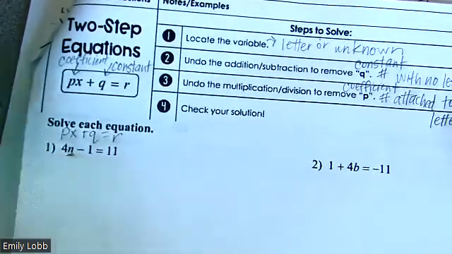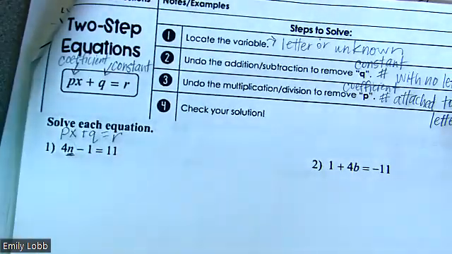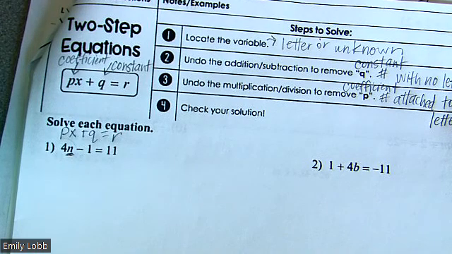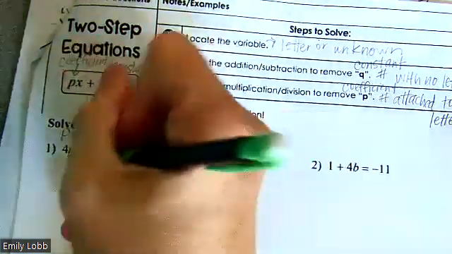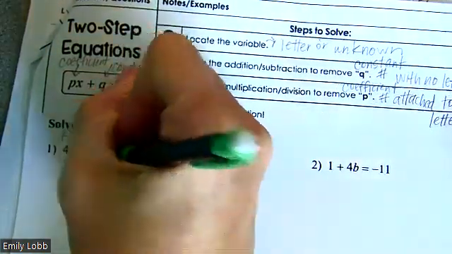What is my constant here? -1. How do I make that 0? How would I make negative 1, 0? What do I have to do to it? Add it. Yep, I undo subtraction with addition. So whatever is being subtracted, I have to add.